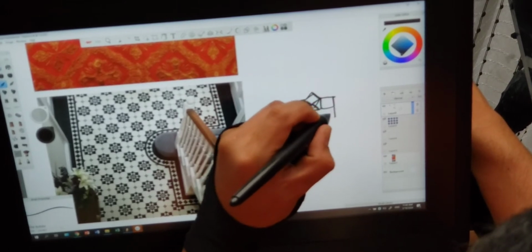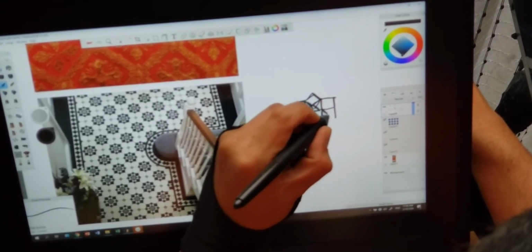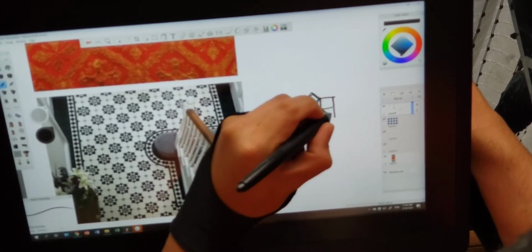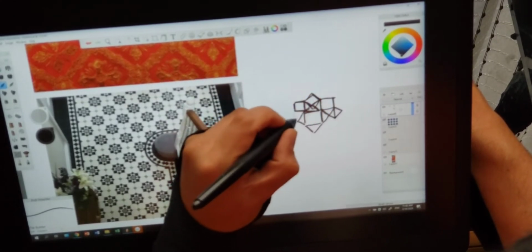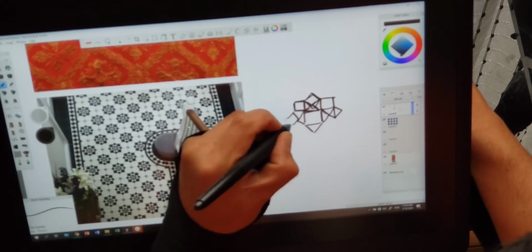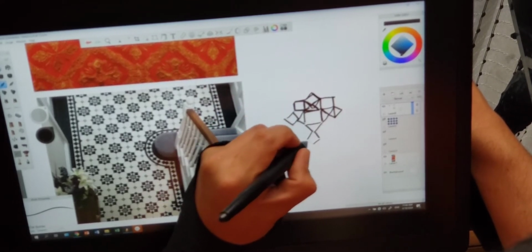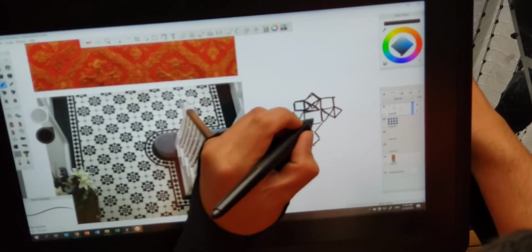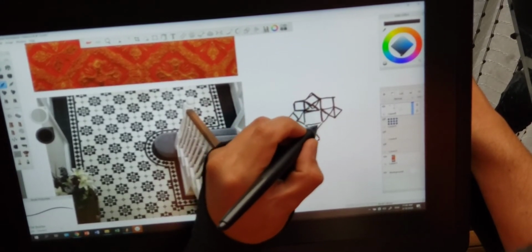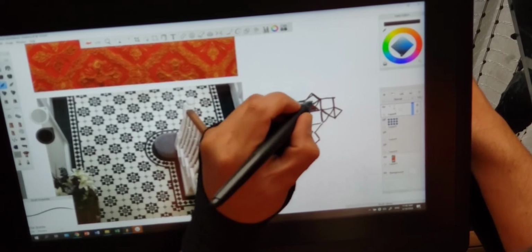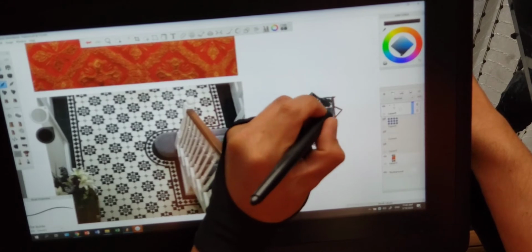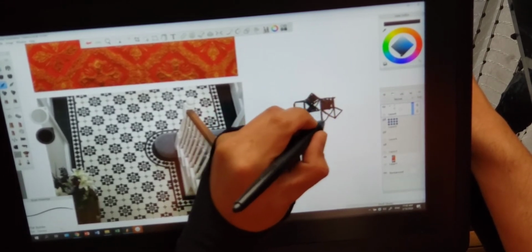So the triangle here, the triangle here, the triangle here, then a rhombus here, another rhombus here, another rhombus here, and so on. We're going to continue to see the same kind of pattern everywhere on this tile.